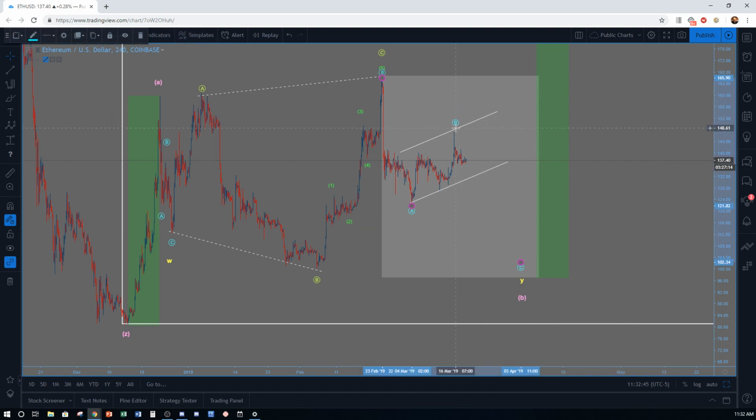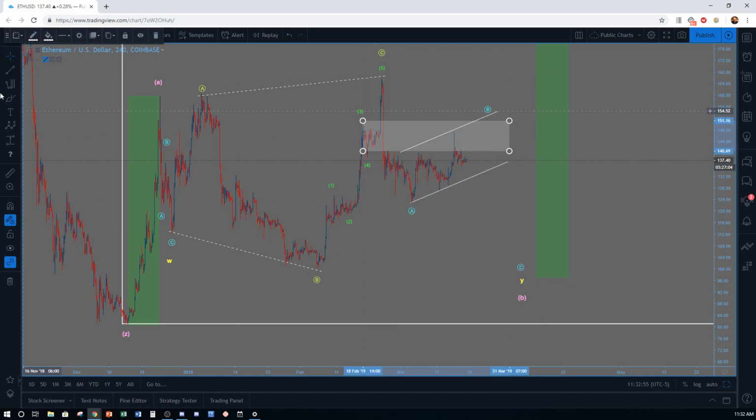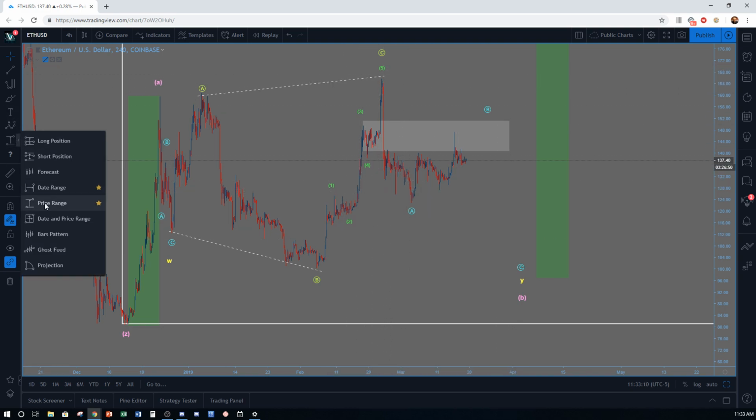So was the short here. Do we have one more high to make? Both are possibilities. Personally, I think that we could take out the highs here, and then move down. But I definitely expect some kind of move down to be our next larger move, because this remains uncorrected, unfinished.